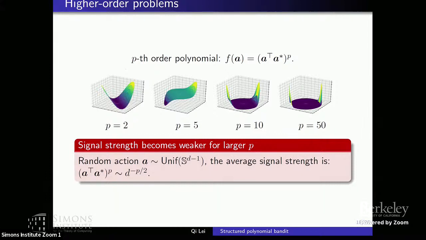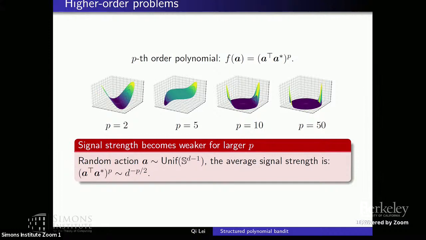For p smaller, we have more signal on average. But when p is larger, almost all of the surface is flat. So we have much fewer signals, and especially, we also observe a lot of noise. So when p is larger, the problem is harder.